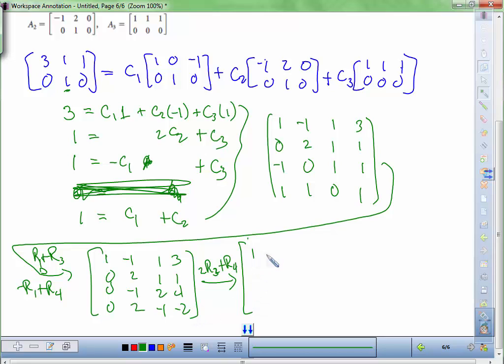So everything else will remain the same. And if I multiply this by 2, I'm going to get 0. 4 minus 1 is 3. 8 minus 2 is 6.